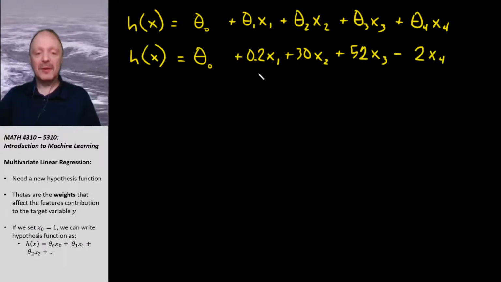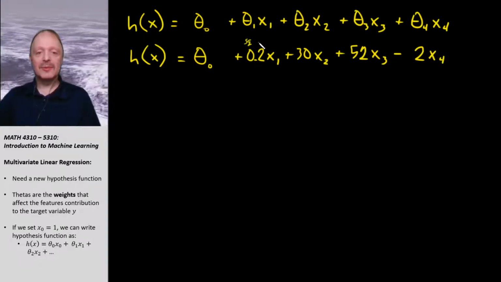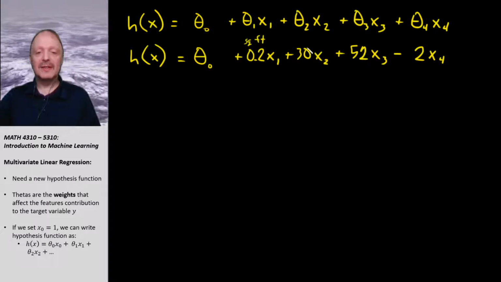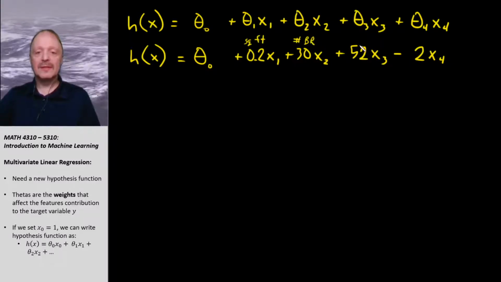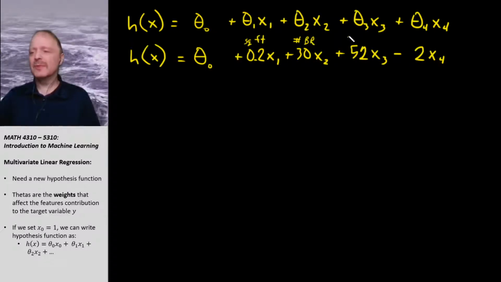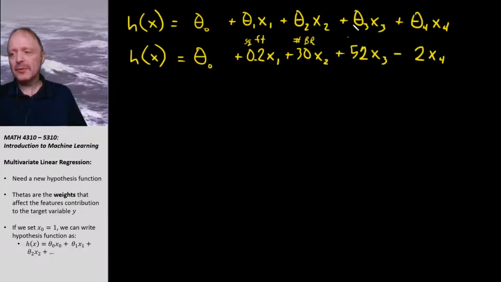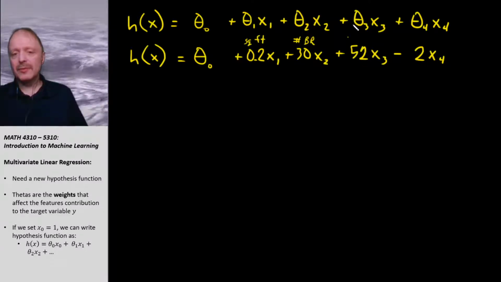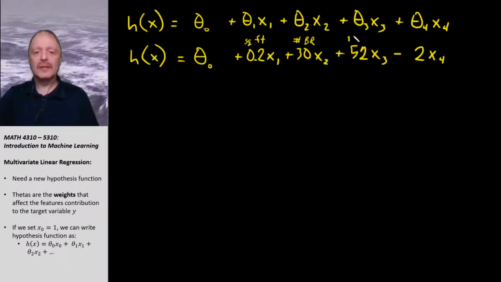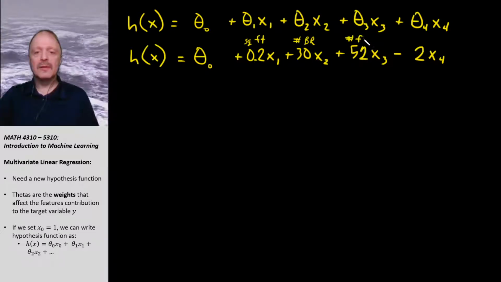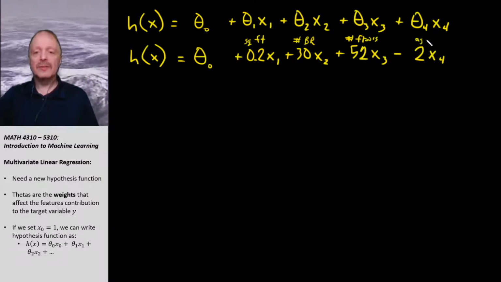So what does this mean? Well, this 0.2 is a square footage feature. This one is the number of bedrooms. This one is the number of floors, or did I get that right? Bedrooms and then floors, yeah. So this is number of floors right here. And this is the age of the house, okay?